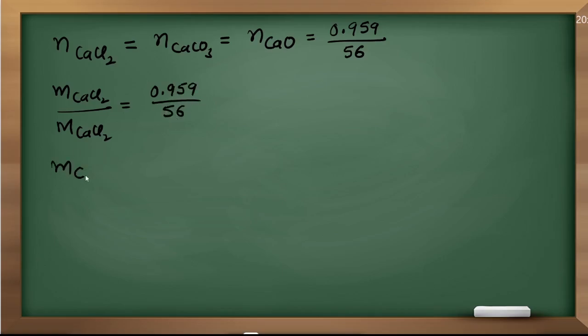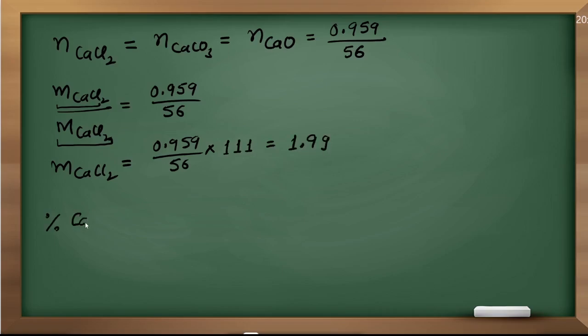So what is mass of calcium chloride? Mass of calcium chloride divided by molar mass of calcium chloride. So what is molar mass of calcium chloride? The mass comes to 1.9 gram.